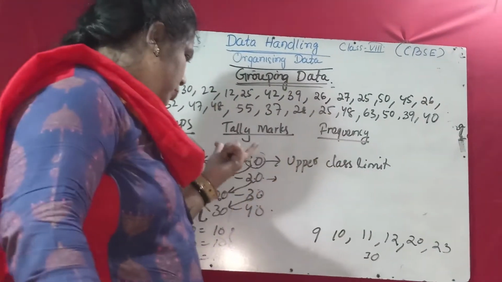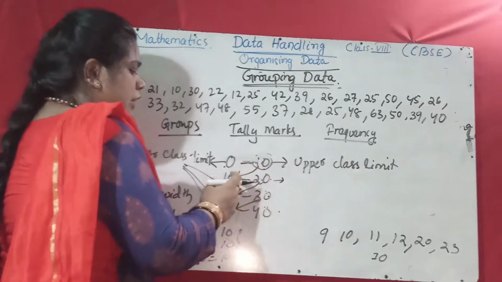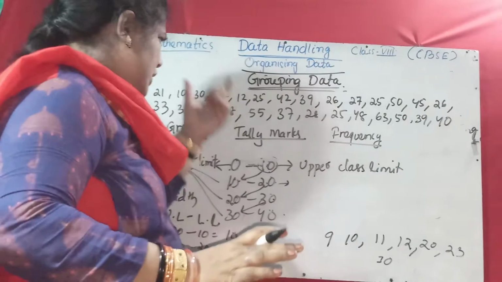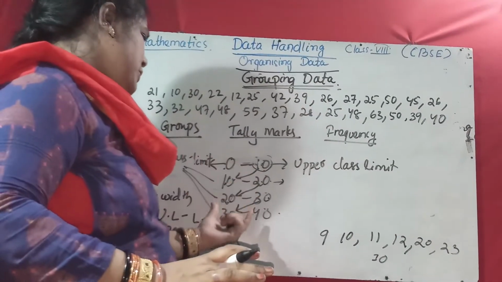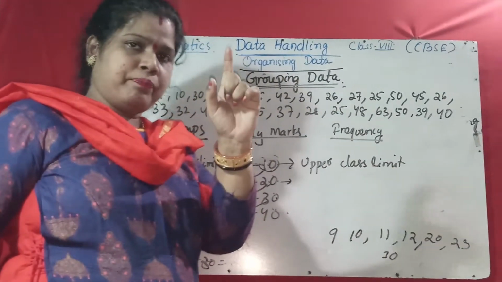Everywhere the group width must be equal. Suppose you write 0 to 10, then 10 to 15, then 15 to 18, that is not right. So in a grouped distribution table, the width or size of the group must be the same.